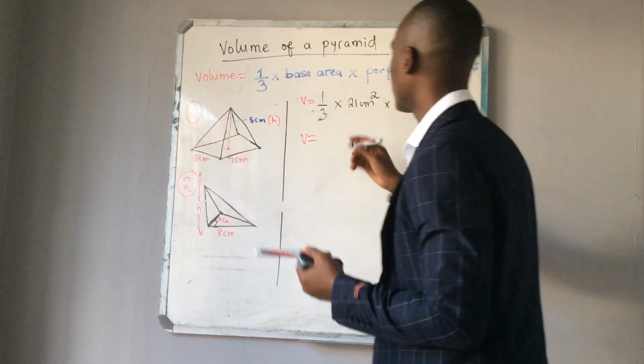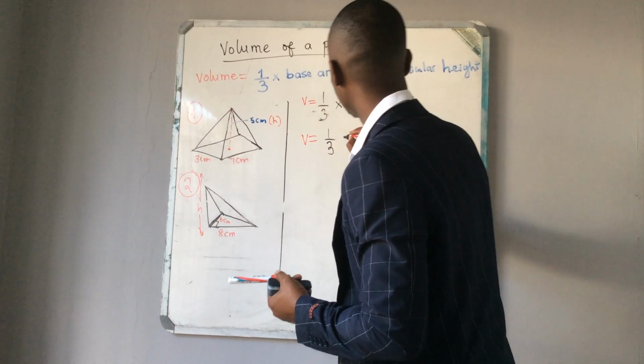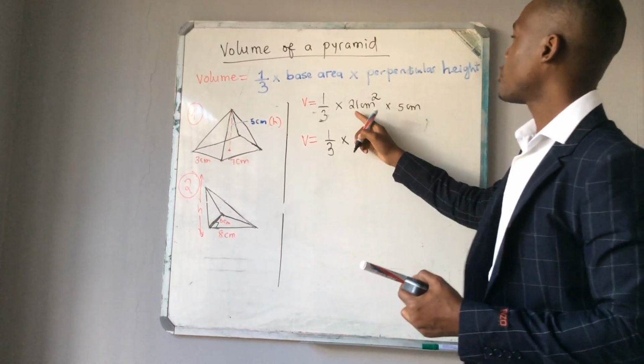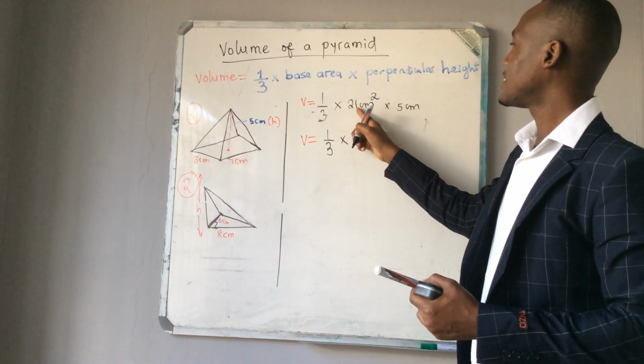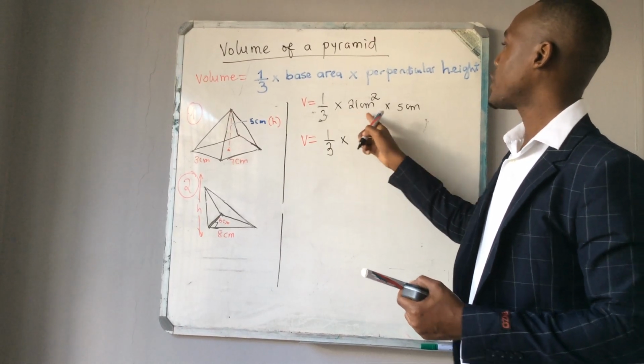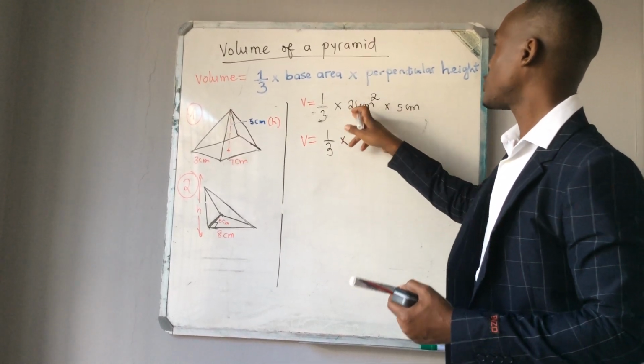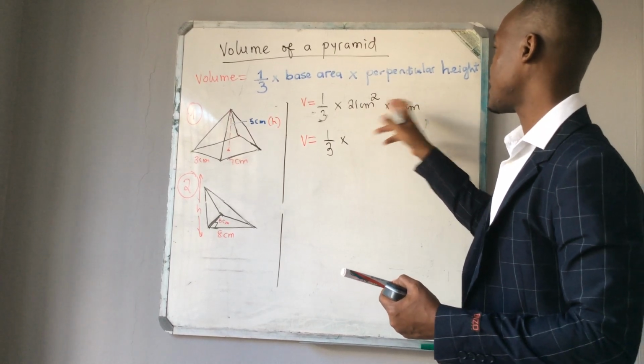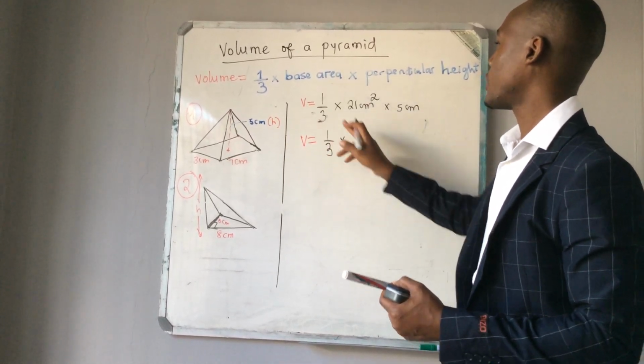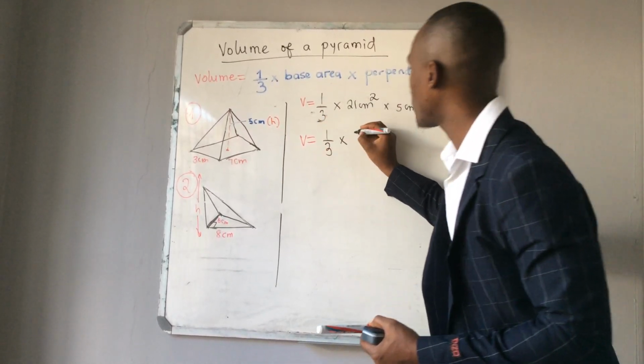We can say the volume here will be 1/3 times 21 centimeters squared times 5 centimeters. Let's start first with this part: 1/3 times 21.